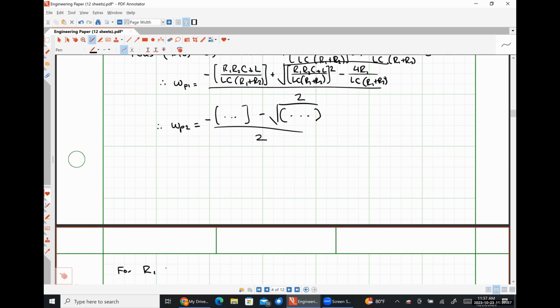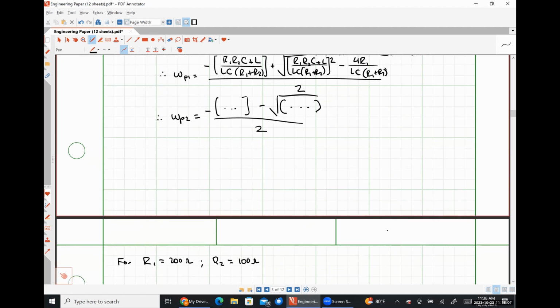So let's say that we had R1 equal to 200 ohms, R2 equal to 100 ohms, L equal to 10 millihenries, and C equal to half of a millifarad.